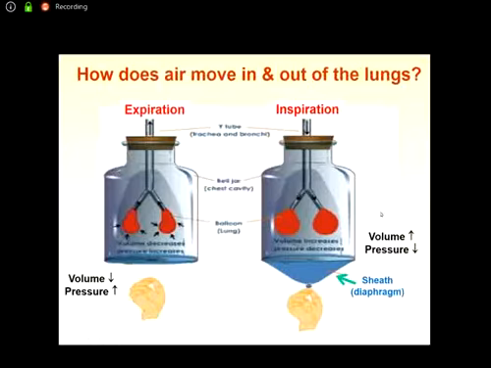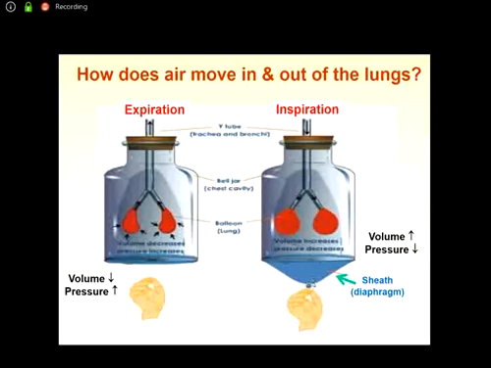This is an example of an experiment that explains very easily how the air moves in and out of the lungs. On the right side here, we have inspiration. We have a container that has two balloons. They're connected to the outside by a tube. And here on the bottom, we have a sheet that represents the diaphragm.